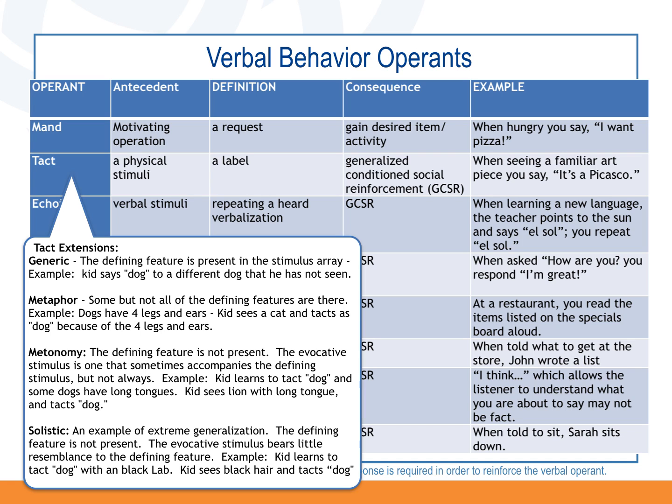And solistic is an extreme generalization, where the defining features aren't present at all. In the lion example, there were still the 4 legs and ears; they just associated the long tongue instead of the other features. In this extension, it is not even relevant. The child learns to tact dog with their black lab at home, and then they see a person with black hair and say dog, for example.